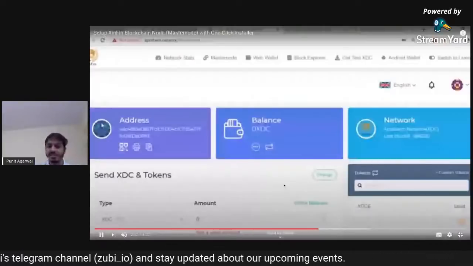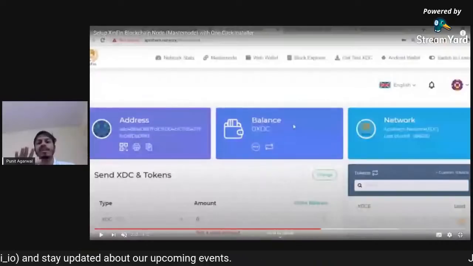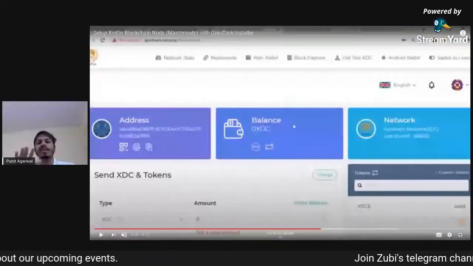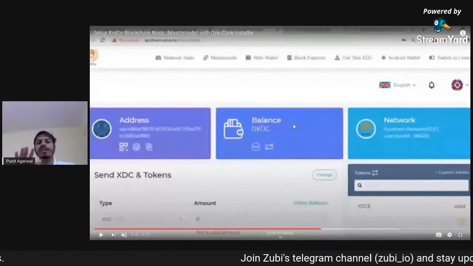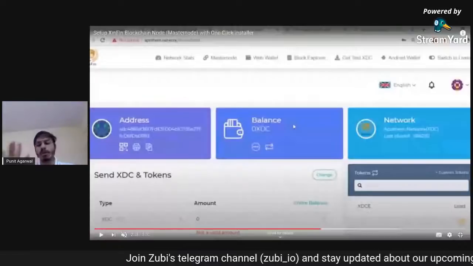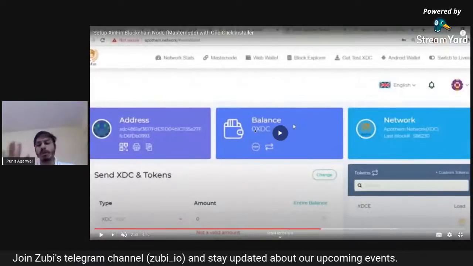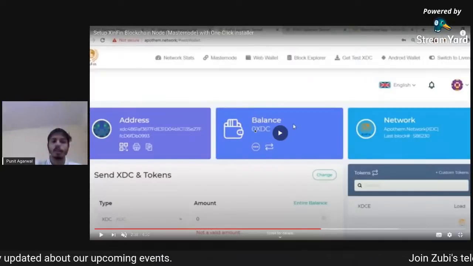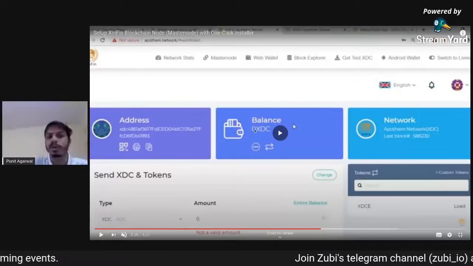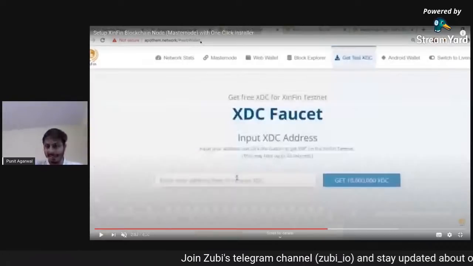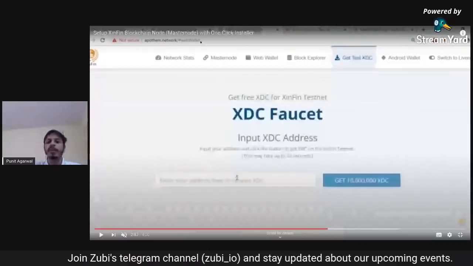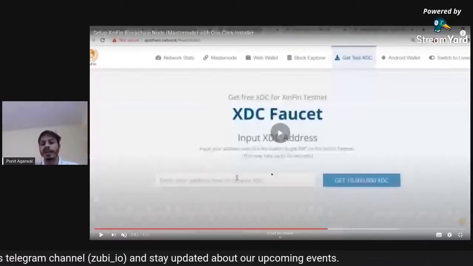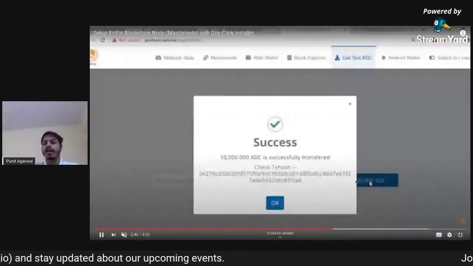For me to host a Zenfin masternode, I need to have 10 million XDC. You don't have to buy it if you're doing it for development purposes. What you can do is copy this address from here, go to the faucet page for getting test XDC, place the address there, and click on get 10,000 XDC.